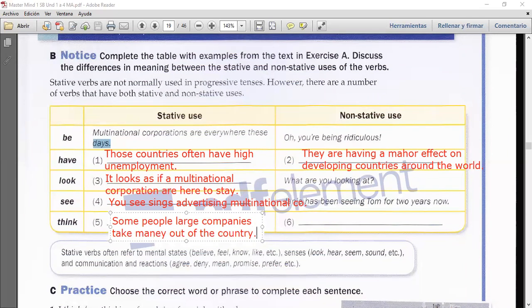Yes, again please, some people think that large companies. Okay, 6.